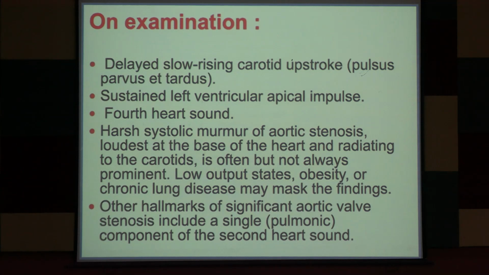It is a high-pitched, harsh, rough, rasping systolic murmur with radiation to the carotids. But on occasion it may radiate to the apex of the heart, that is the Gallavardin effect.